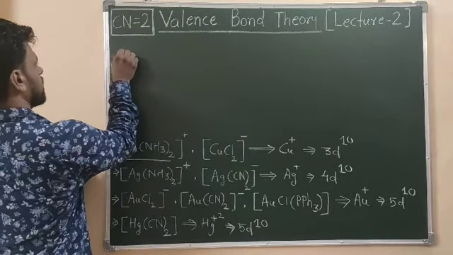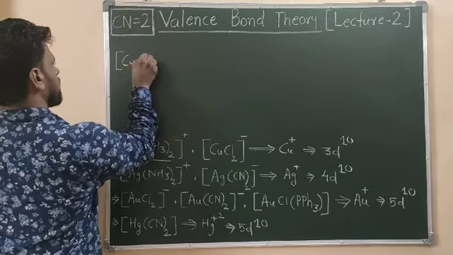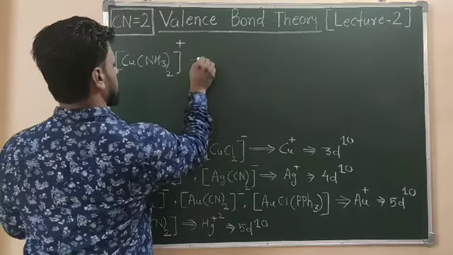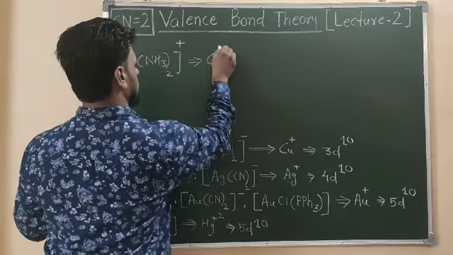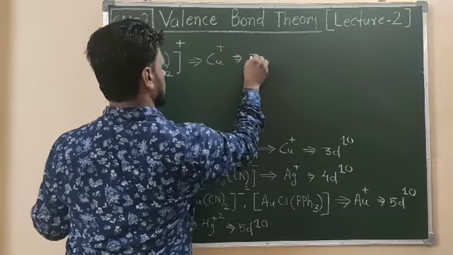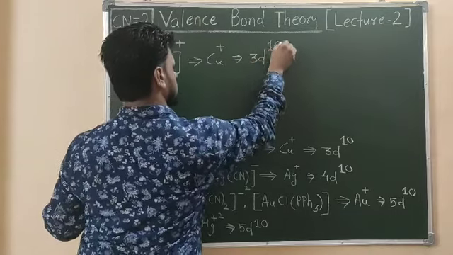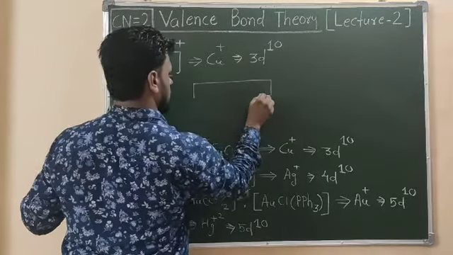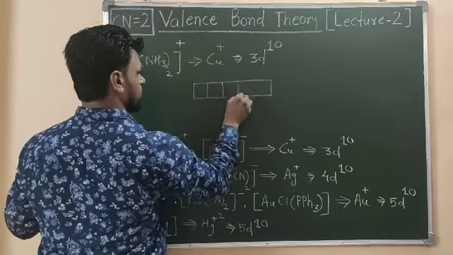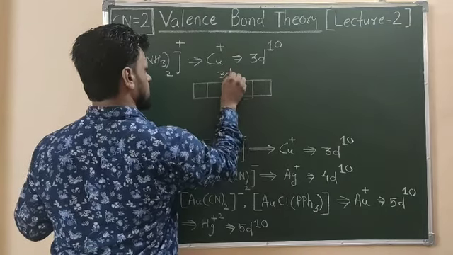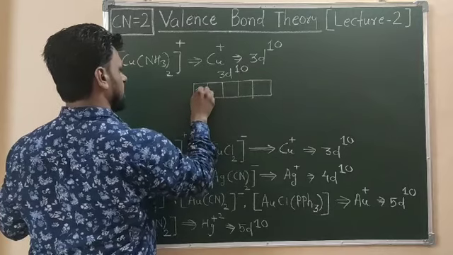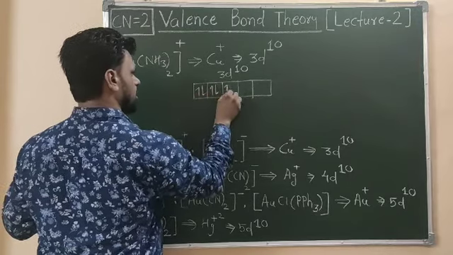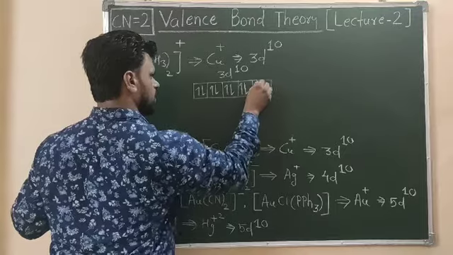So let's take this copper diammine complex, Cu(NH3)2 with a +1 charge. Copper +1 is nothing but a 3d10 system, with 10 electrons, so all the d orbitals are completely filled.